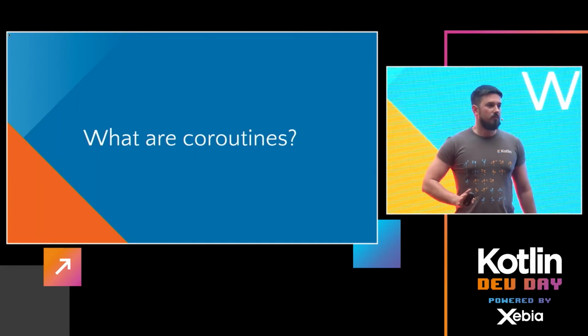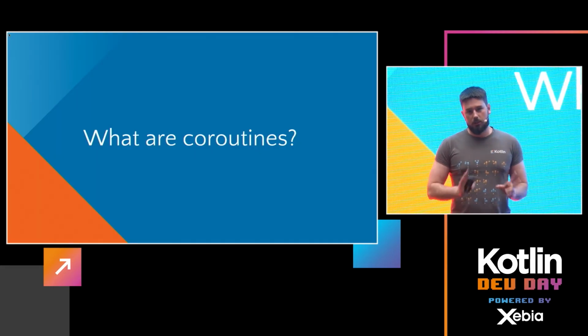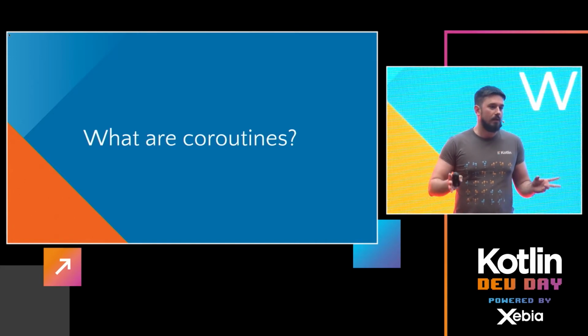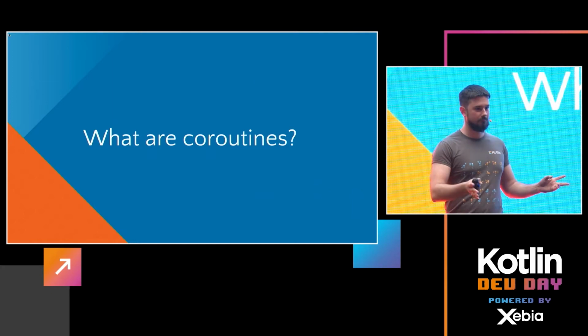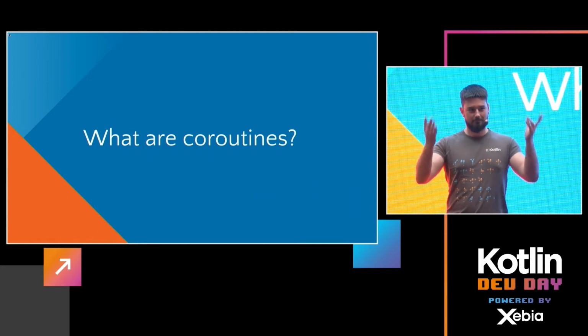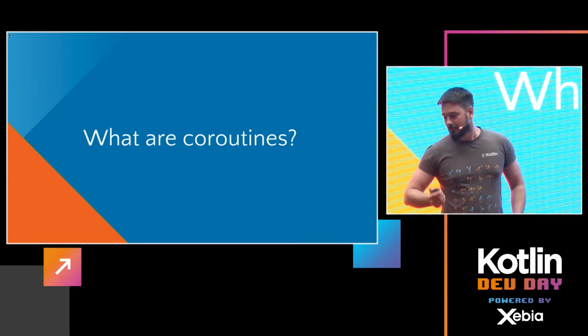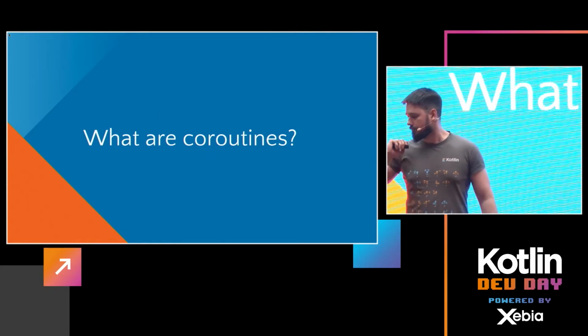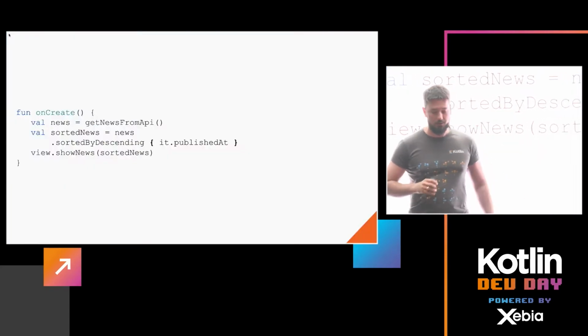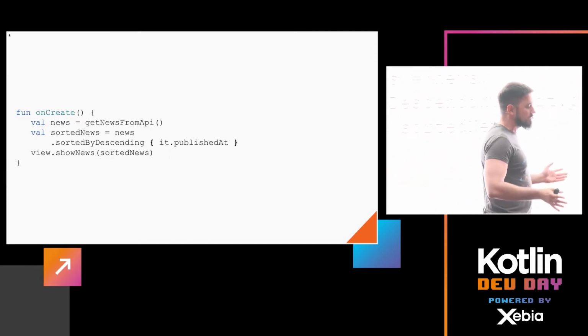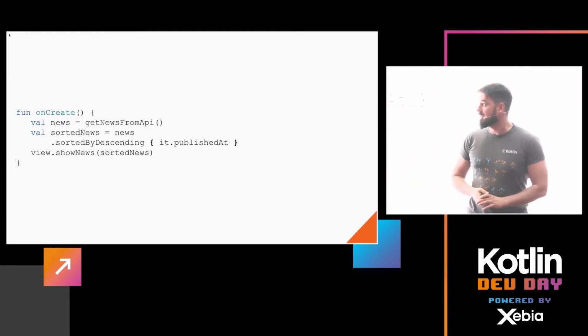Okay, so let's start with what coroutines are, not only in Kotlin, but in general. Do you have any ideas? Speak up? No? So, if you take a look at an arbitrary code like this one, not much can be said from this short snippet, but one thing is for sure.